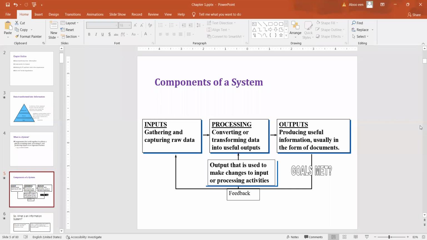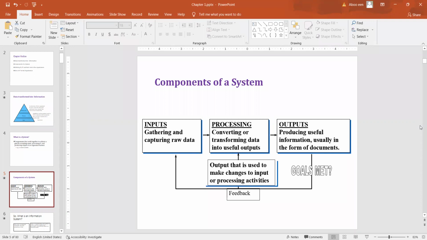In the output components, producing useful information, usually in the form of documents. The information is organized and meaningful, like information printed in a document.